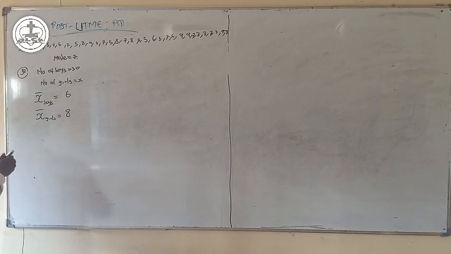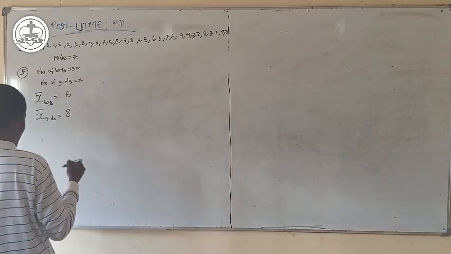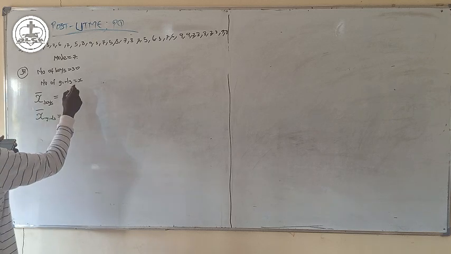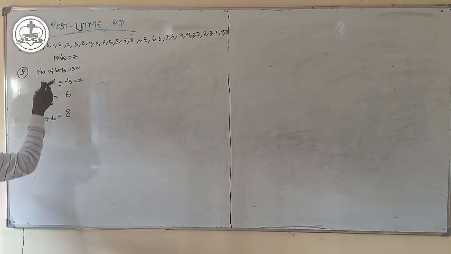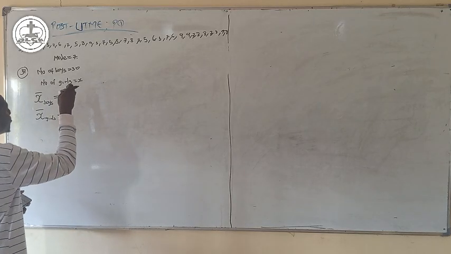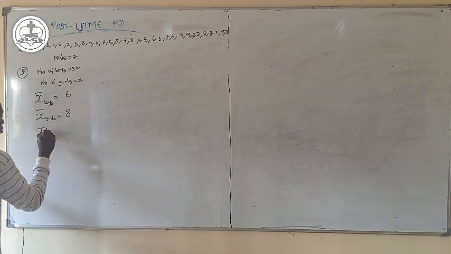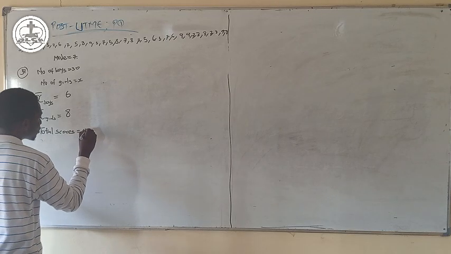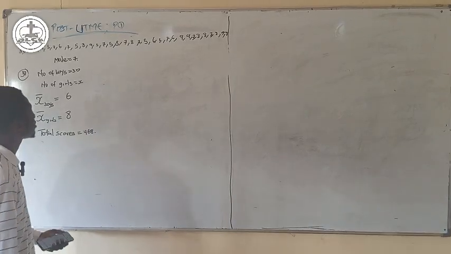So find x, which is the number of girls, if the total score was 468. The total scores of the boys and the girls together is 468. In order to get this, it's easy.